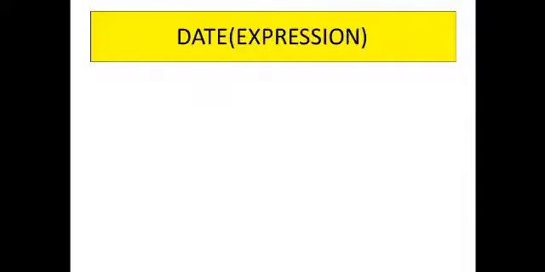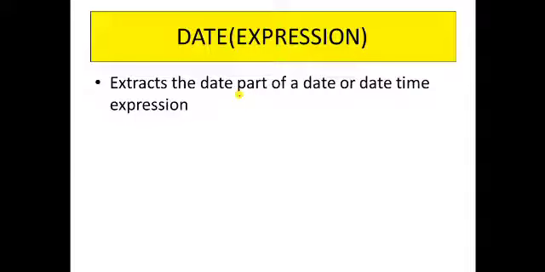Let us see the second function, the date function. The date function takes a date and time expression as a parameter and returns the date part. For example, you are passing a date and time in the format YYYY-MM-DD HH:MM:SS. Out of this complete format of date and time, it will return only the date part.